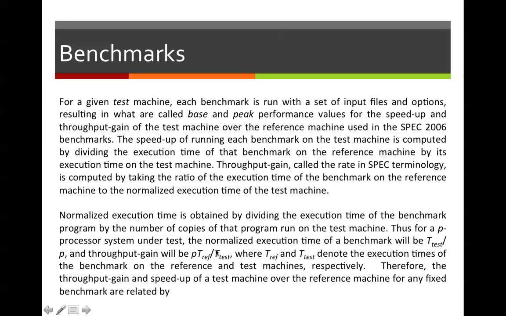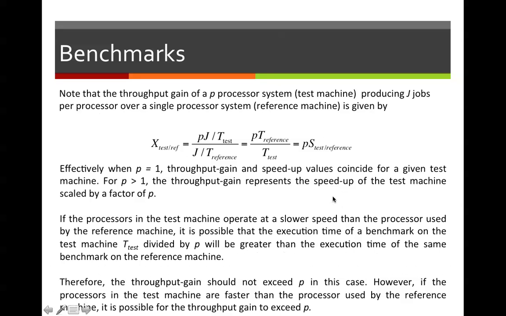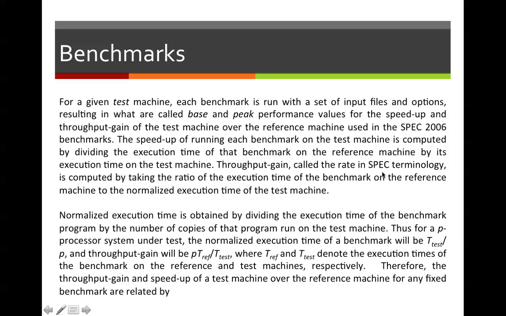So for a P processor system under test, the normalized execution time of a benchmark would be T_test over P. That is to say, when you have the test machine taking T_test amount of time, the normalized time would be T_test over P, and that's for a P processor system.